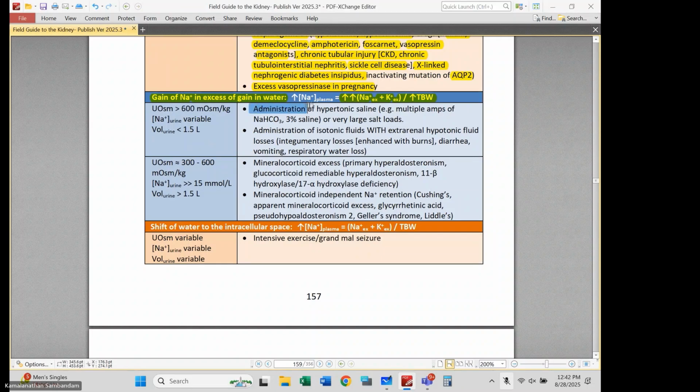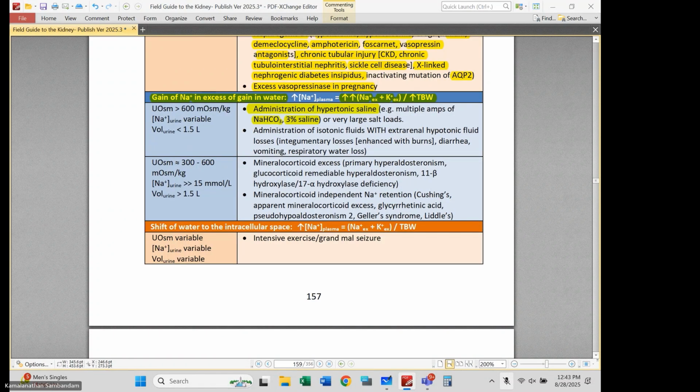Well, if you as a provider give large amounts of hypertonic saline, either through 3% saline itself, or you're giving multiple amps of sodium bicarbonate to the crashing and burning ICU patient, that would be a scenario where one can envision these are predominantly the numerator is expanded more so than the denominator, right? You're giving lots of salt with very modest amounts of water.